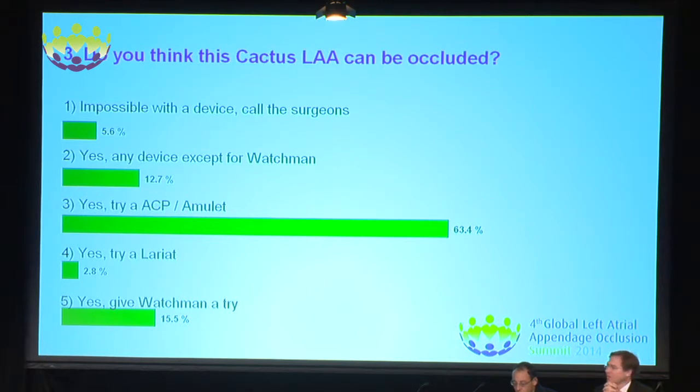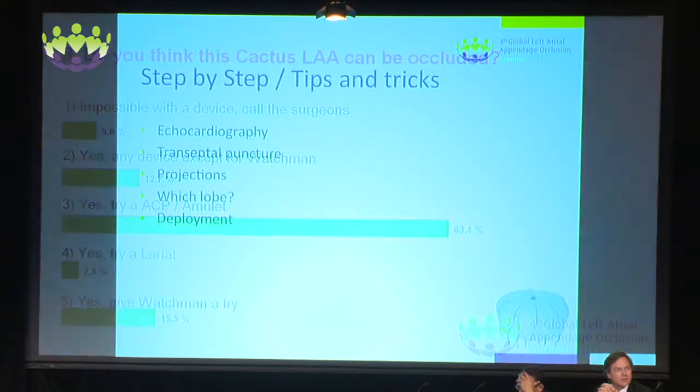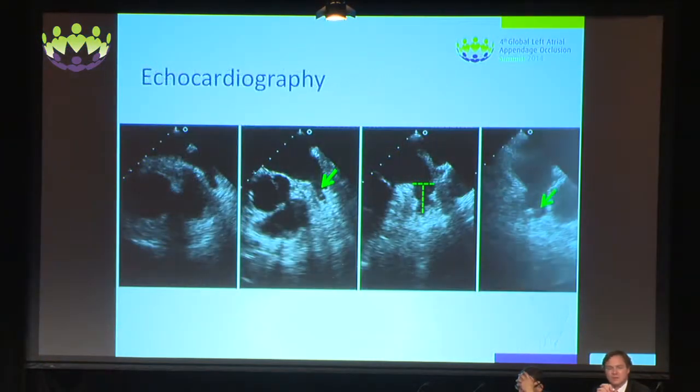Okay, so I agree that probably it is an easy case for an ACP or an Amulet, but I want to show that even with a Watchman device, this type of morphology can be closed, or at least we can try. So again, for the echo, we recommend to do all the projections, because especially in the 135 degree, you get a good impression of the length of the lobes, and it can help to decide in which lobe you are going to deploy the device.